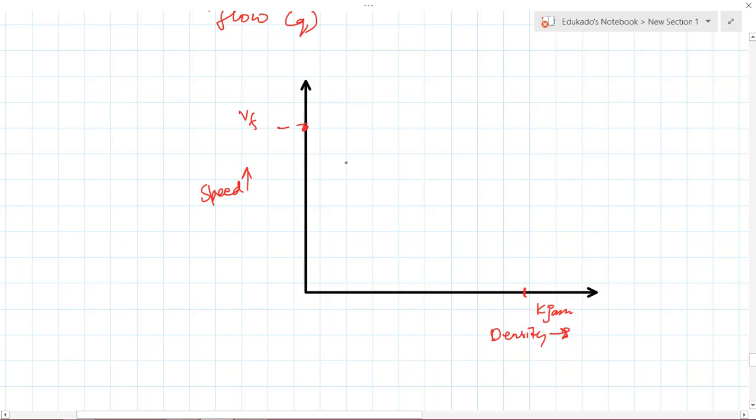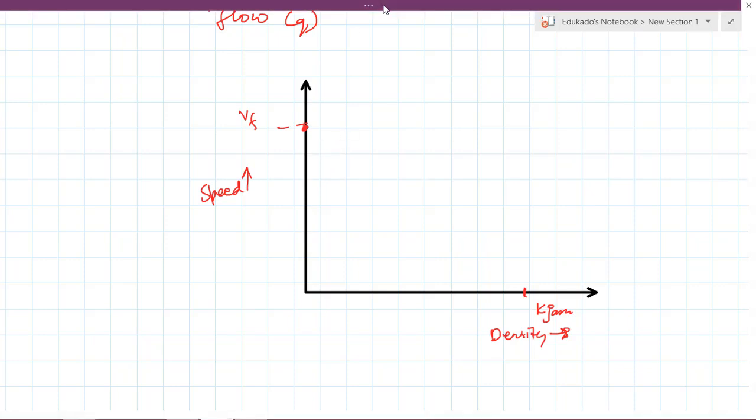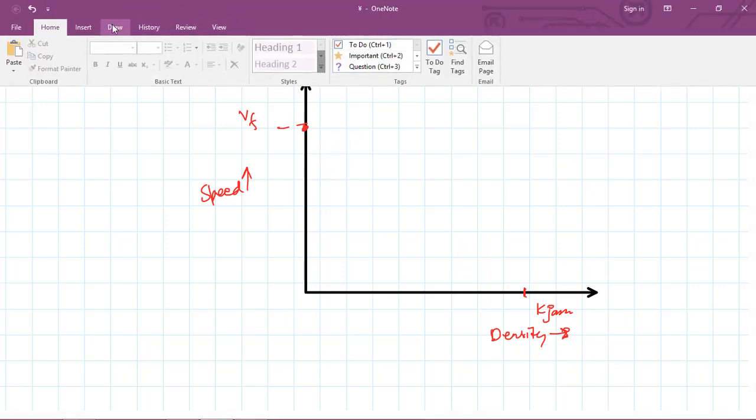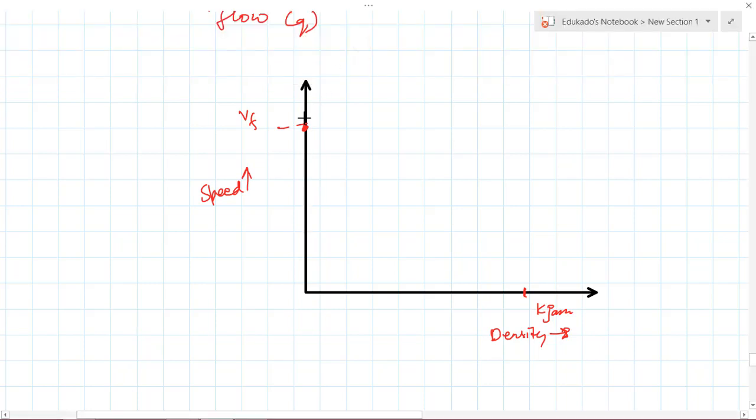So this represents a straight line, a linear relationship, there's no parabola involved over here. So I can show it like this. This is the graph between speed and density, and that's all there is for the relations of traffic flow.